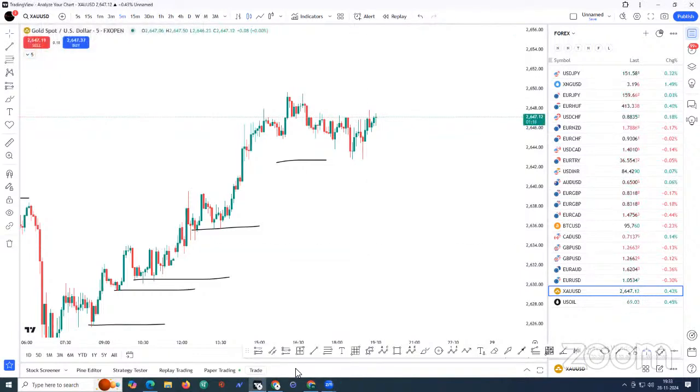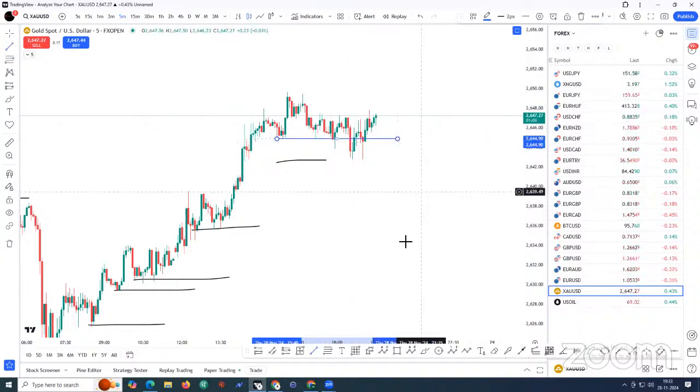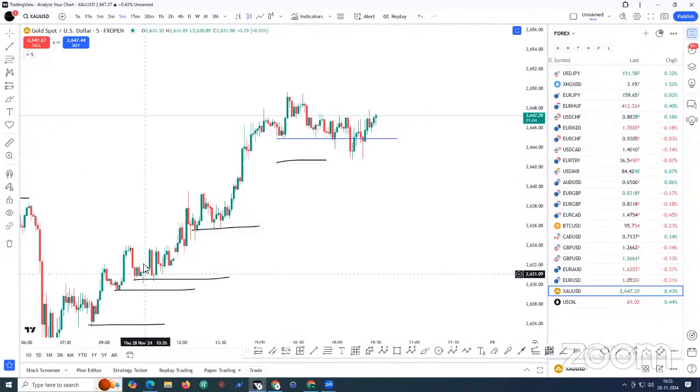On this particular chart, we have seen that the 5 minute chart has broken at this particular level of 2644 on this red candle, right?